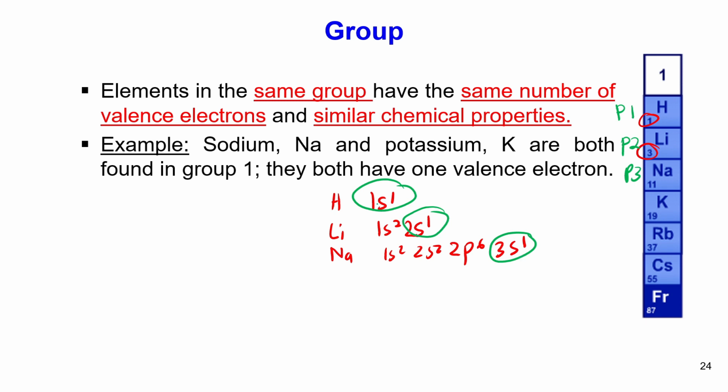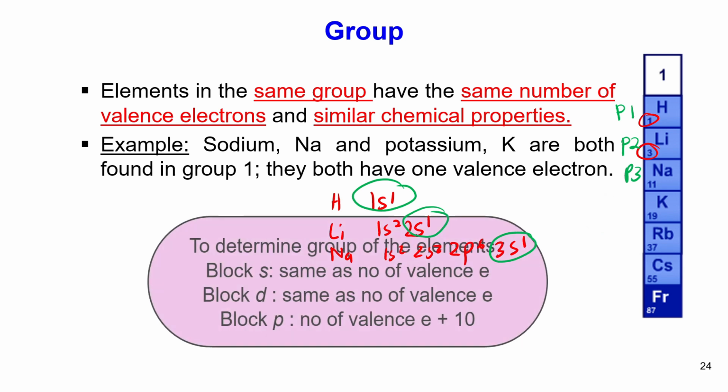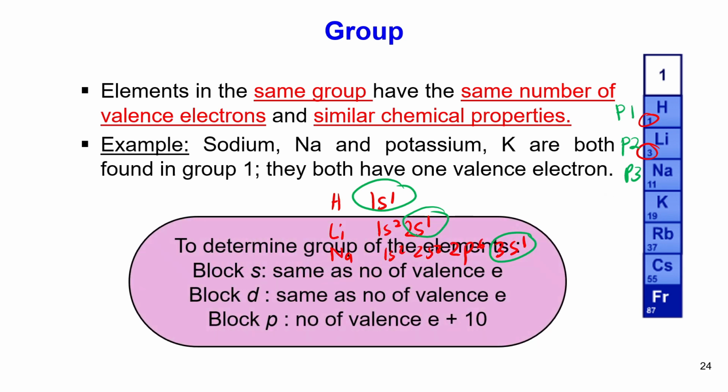The difference is in the period number: period 1, period 2, period 3 and so on. But the number of valence electrons is the same. So this is the general idea to determine the group for s block elements.